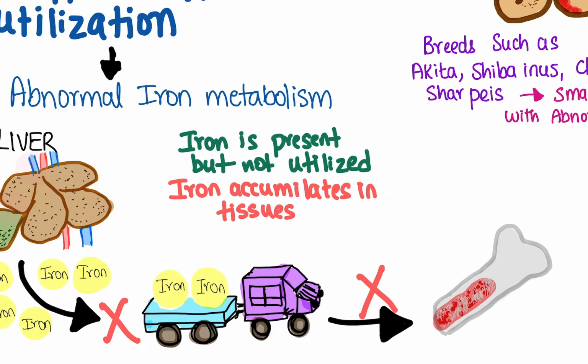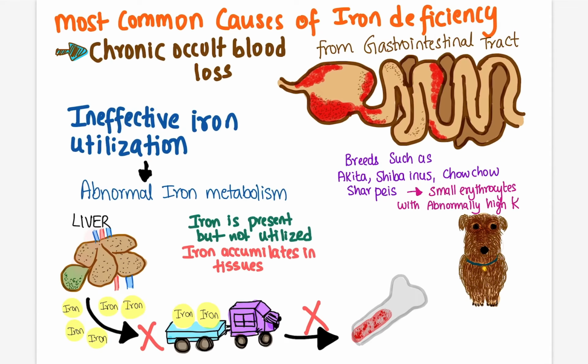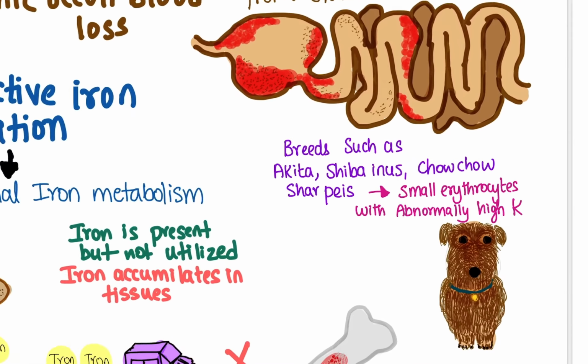Best example is they go to bone marrow, and erythroblast cells and stem cells require iron for erythropoiesis and maturation and oxygen transportation, etc. But when the transport protein is not there, then ineffective iron utilization happens.